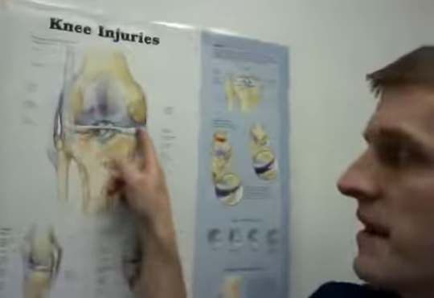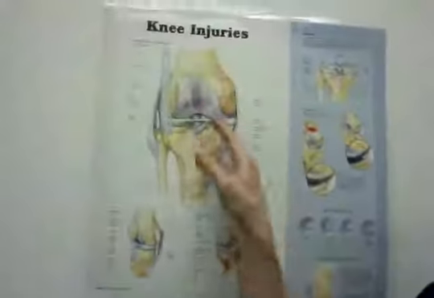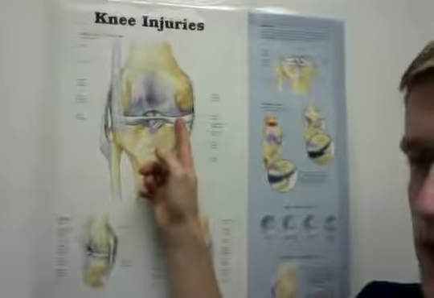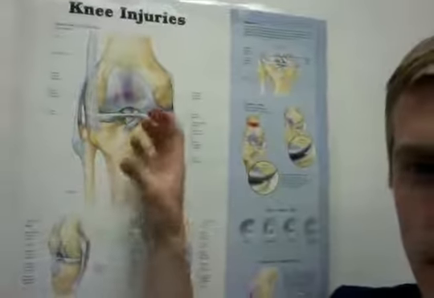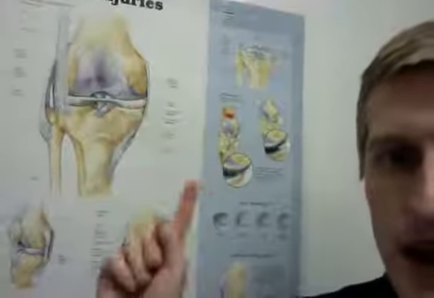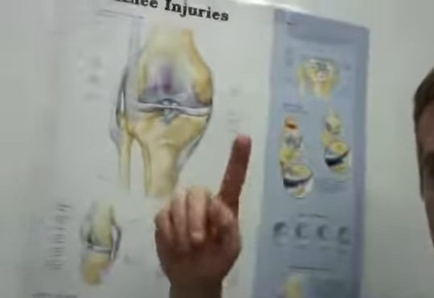This is your upper leg, your femur. This is your lower leg, your tibia. And here's your meniscus sitting right on your tibia, and it goes all the way around. This is the front, it goes around to the back and actually makes two half ovals, one on each side.